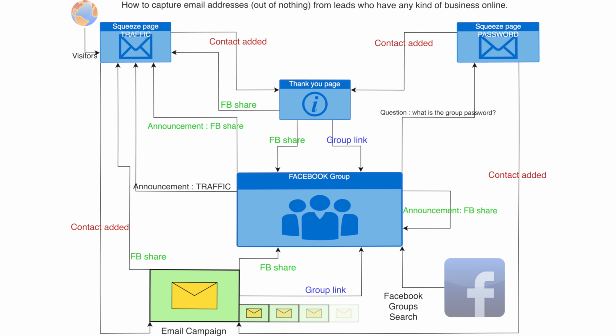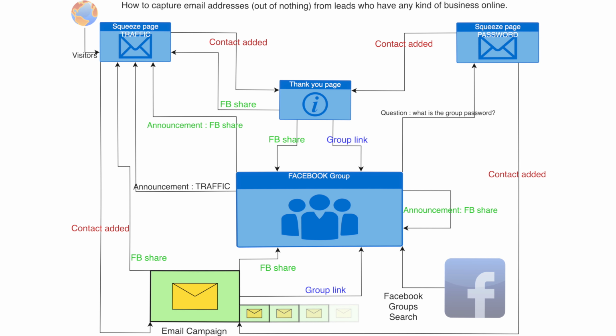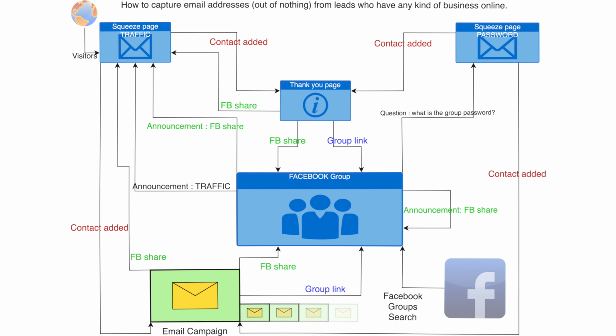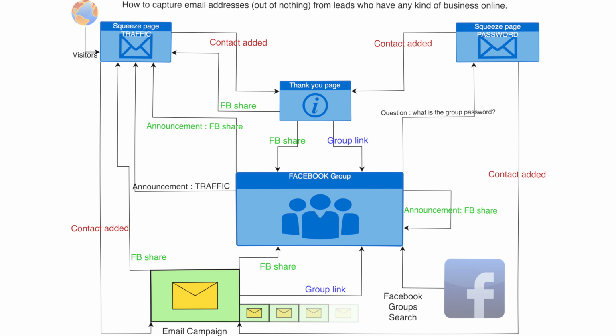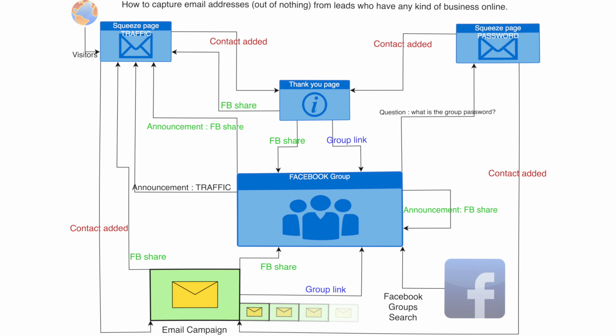So the 3 steps we'll talk about are first the elements, second the links, which links to use, and third the relationships between all those elements.